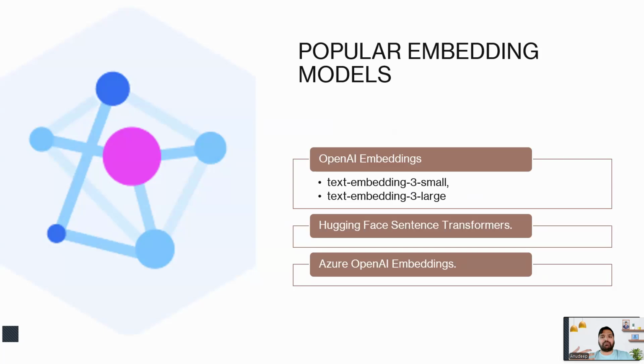Now, let's come to the application part. How do you do that? There are many popular embedding models. For example, OpenAI offers text-embedding-3 small and large. Then there are Hugging Face sentence transformers that are freely available, where you can just grab one and play around with it. Then there are Azure OpenAI embeddings combined with cloud offerings, which give you complete independence within the cloud environment.